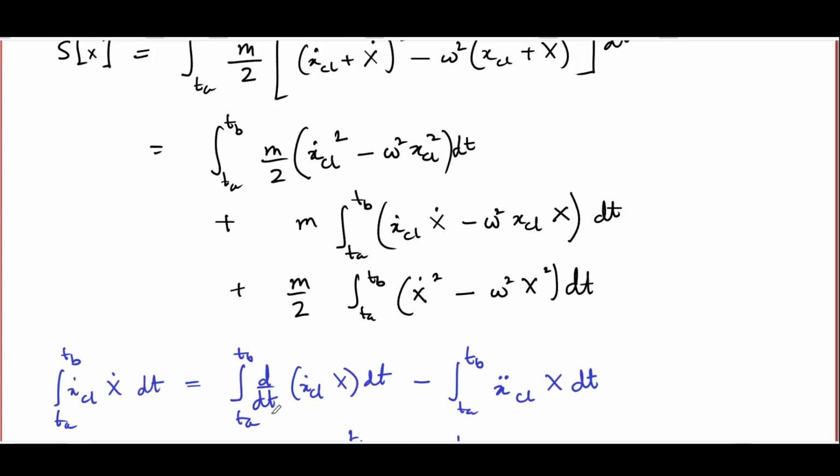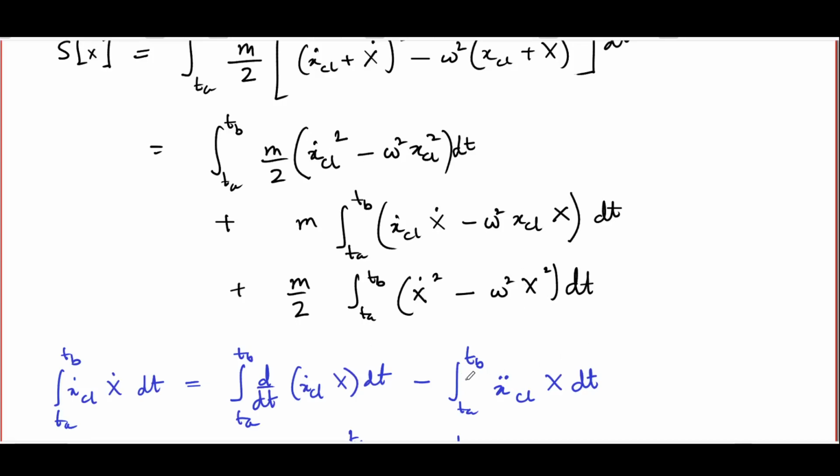We change that into the total differential of x dot classical times capital X. The reason why we are looking at x dot classical times capital X and not, for example, x classical times capital X dot is that this one integrates to simply x dot classical capital X at the two endpoints, subtracted from each other, of course, but capital X vanishes at the two endpoints, so this term will integrate to 0.